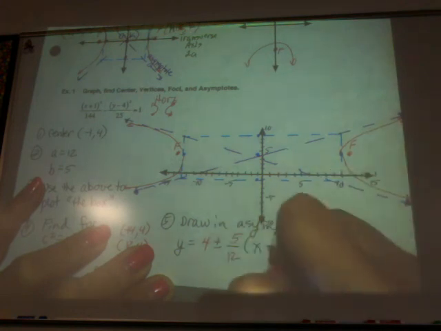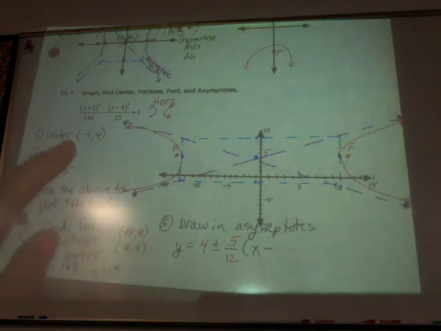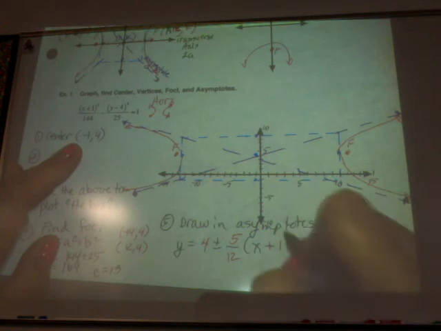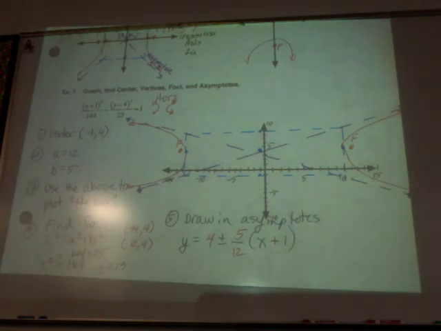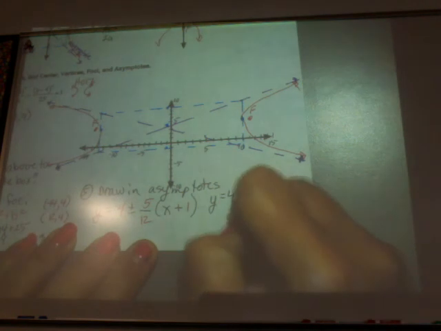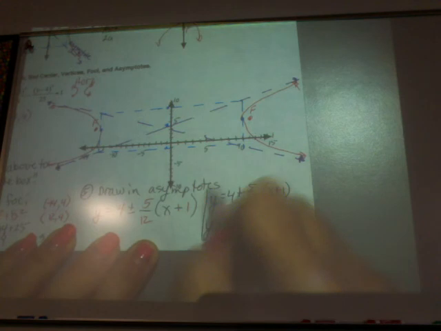Times x minus, or I guess what's h? Since h is negative, isn't it plus 1? As far as I'm concerned, you can write your answers that way, or you could split them apart into their two different equations: y equals 4 plus 5/12 times x plus 1, or y equals 4 minus 5/12 times x plus 1. Either one.